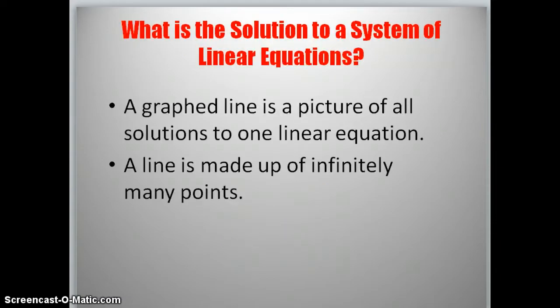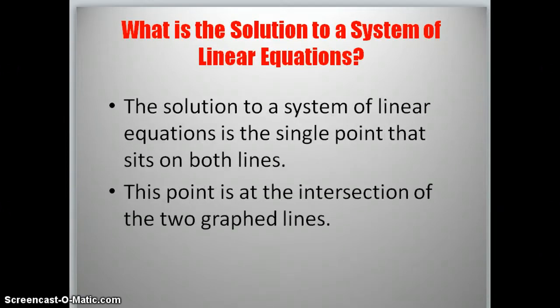Now, before we talk about exactly what to do when you're solving a system, let's talk about what the solution of the system should look like. First, I want you to remember that a graphed line is a picture of all of the solutions to one linear equation. And that line is made up of infinitely many points. So for one equation, there are infinite solutions.